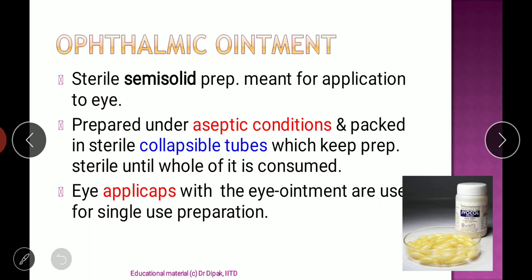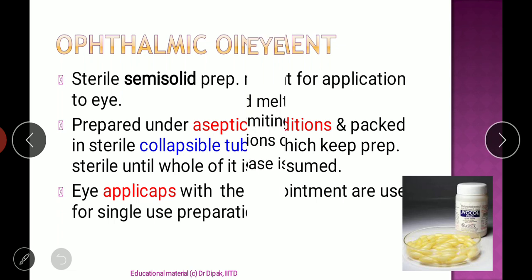Eye applicaps are very common for the eye ointment. The most typical example is the chloramphenicol eye applicap that is used for single use preparation and that provides sterility during its administration, and the cost of applicaps is less in comparison to the tubes.